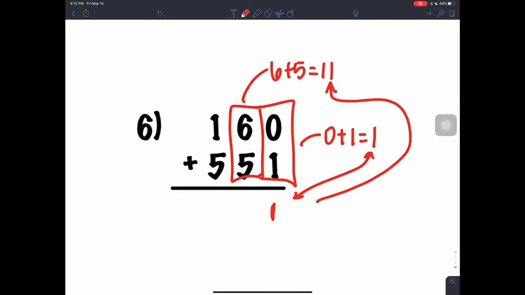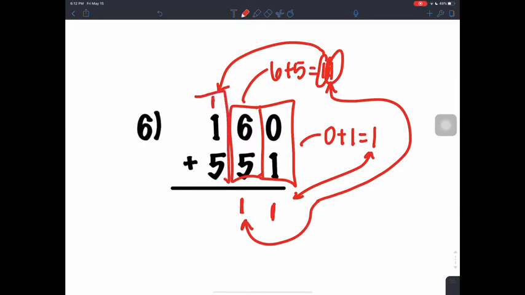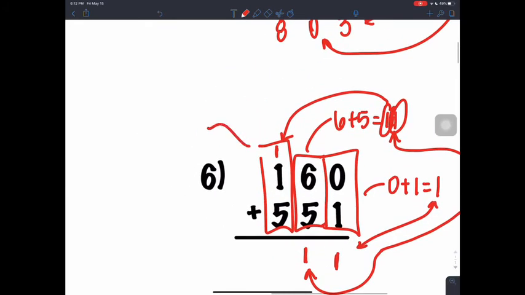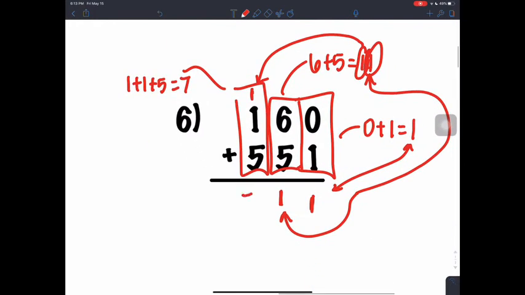And then we're taking this one from the 11 in the ones place and bringing it underneath. Then we're taking the one in the tens place and adding it to this third column. So here we have 1 plus 1 plus 5, which gives us 7. And then we have 7 down here. So then our answer is 711.